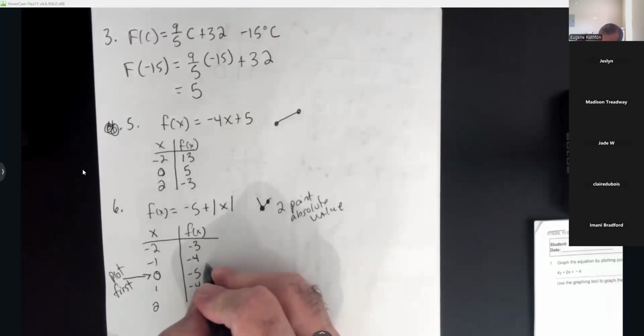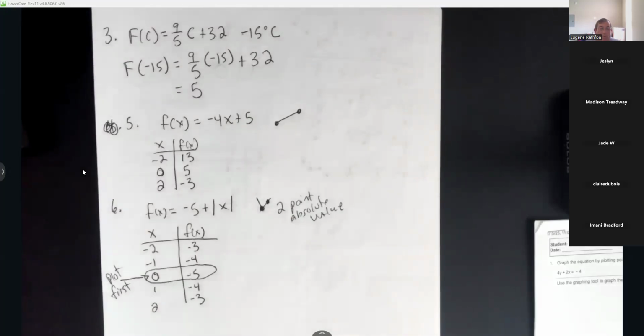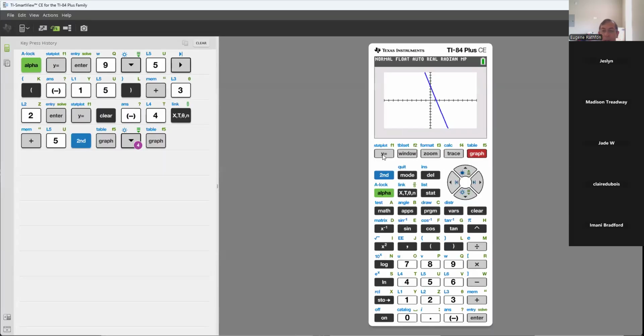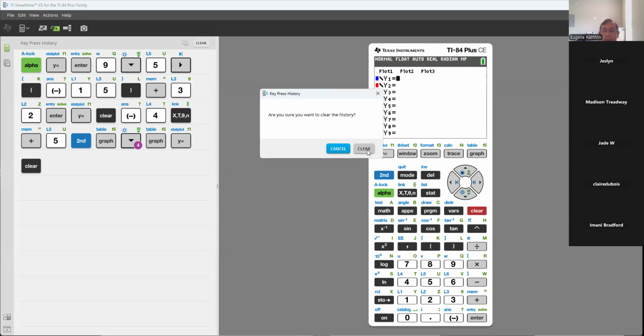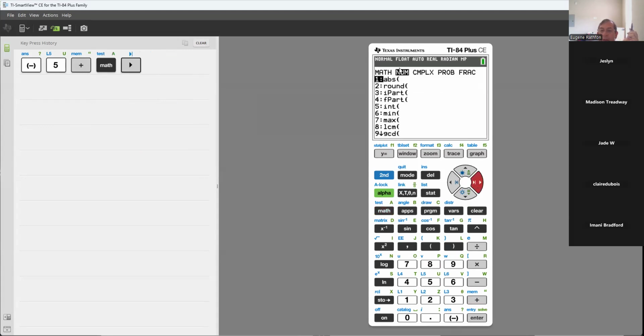All right, so when I graph it, like I said, the middle point will be my first one, okay? Now, if you're doing it on the calculator, let's clear off our y equals. So I had -5 plus absolute value. Remember, for absolute value, you hit math, arrow right and highlight number, and it's the first option, number 1.